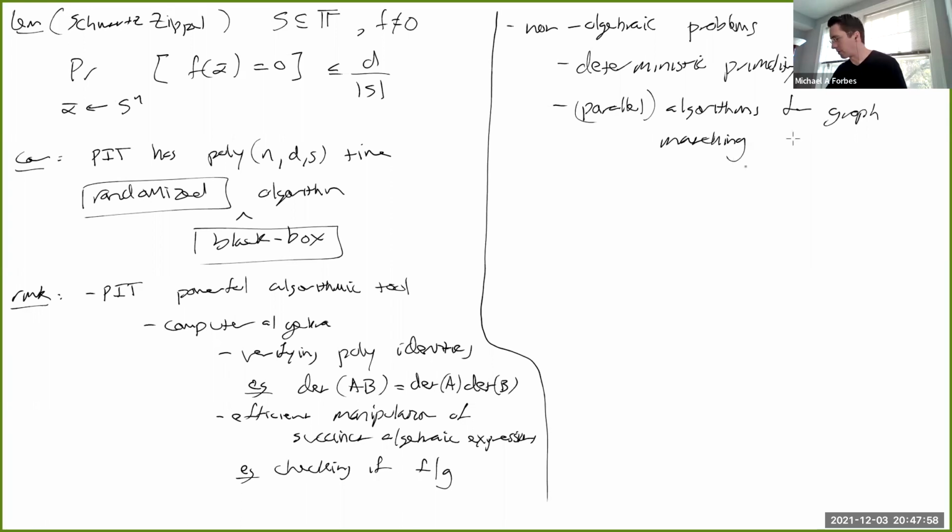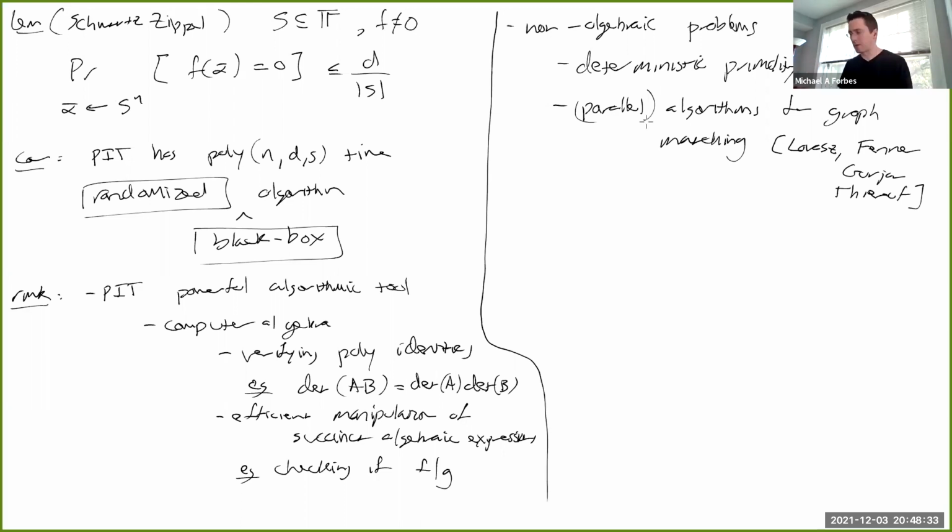And this is due to people like Lovász, and in the past 5 years, it's been actually somewhat derandomized by very nice work of Fenner, Gurjar, Thierauf. And so the only way we really know of parallel algorithms for graph matching is going through this PIT connection. Even though there are many nice combinatorial algorithms, they're not necessarily parallel. And so we're seeing PIT plays this really nice role in obtaining these sorts of parallel algorithms.